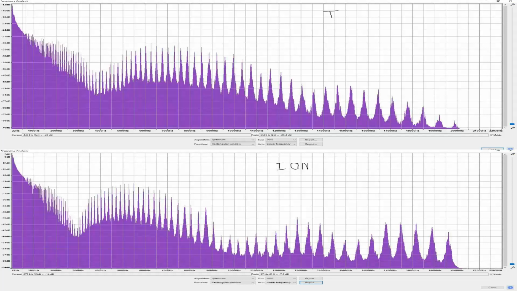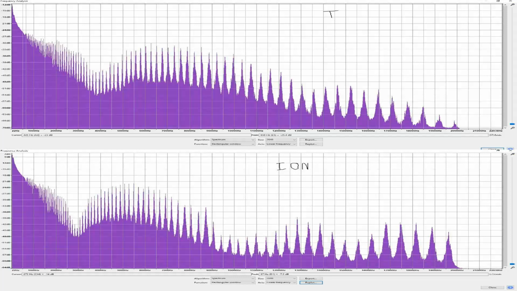And then we get onto these frequency sweeps, and if you look at the Teac on the top and the Ion at the bottom, you can see there is a similarity, but they're not the same. The Ion loses a few mid-range frequencies around about 9 to 10 kilohertz, which the Teac doesn't, but then the Ion actually manages to go higher into the 20 kilohertz range.